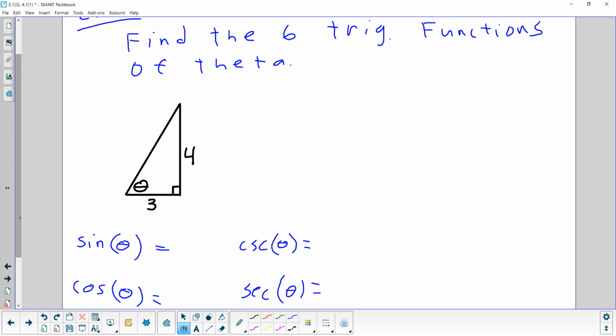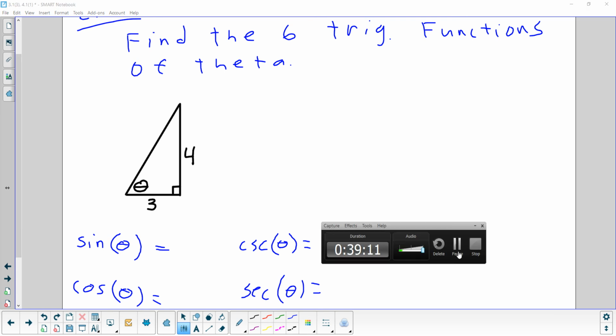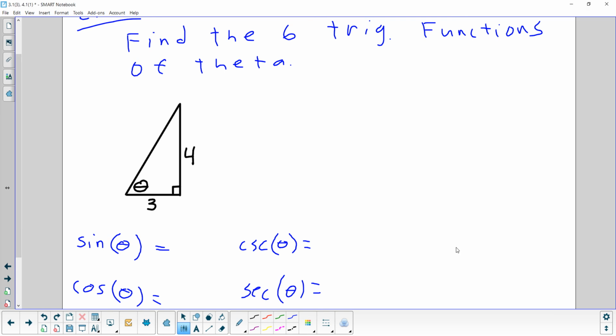But think about what am I missing to be able to do the other 4? All right, so what am I missing here that I should probably find first? Because I'm going to need this to do 4 out of these 6 trig functions. Eva? Yeah, I'm missing the hypotenuse. And how can we find the hypotenuse? What formula helps us do that?